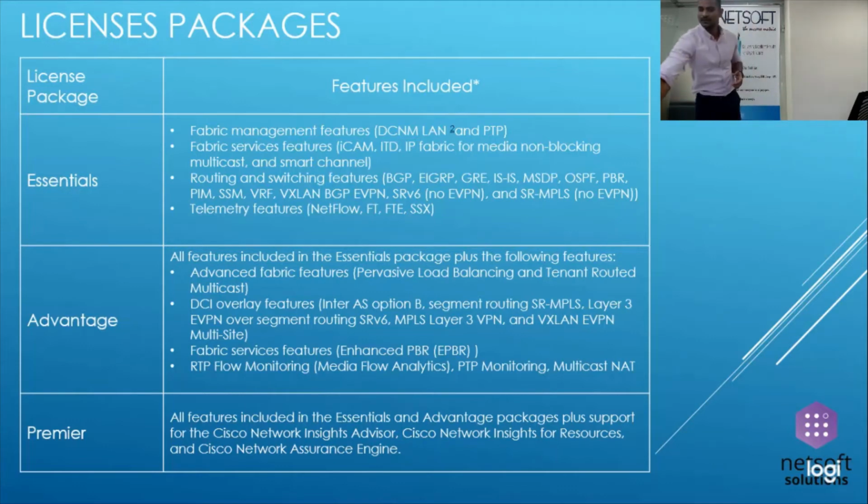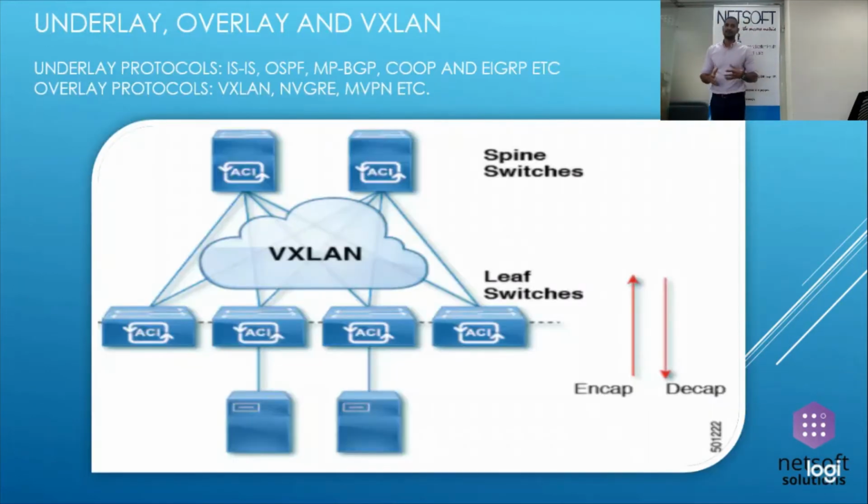So let's discuss the next slide, that is underlay, overlay and VLAN. These three terms you will come to know when you are using SDN technology, software defined networks. So in the underlay, we create a physical network and reachability across the entire fabric.